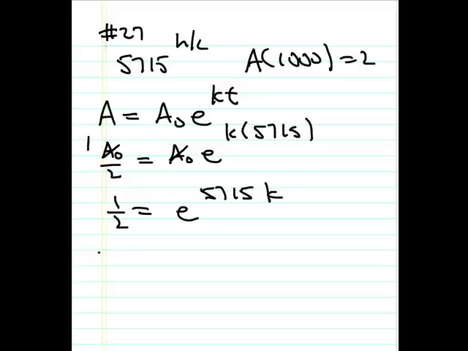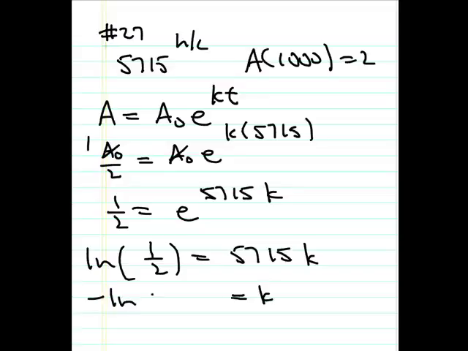We're going to take the natural log of both sides. We get the natural log of 1/2 is equal to 5715 times k. So k is equal to negative log of 2 over 5715.